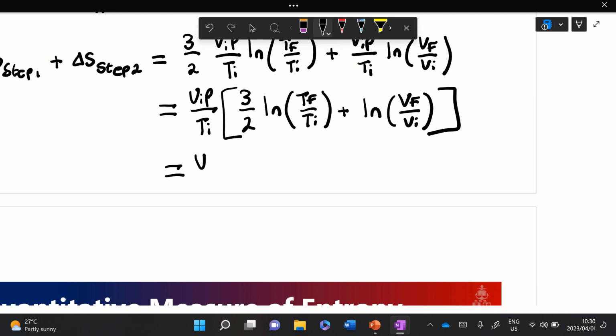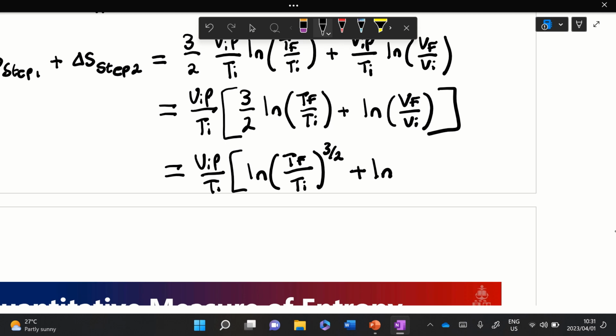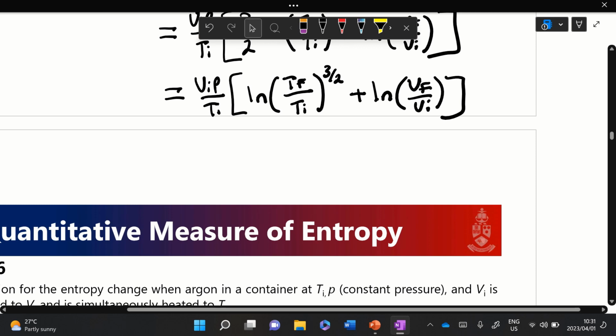So in other words, it becomes VIP over TI, then TF over TI to the power 3 over 2 plus then VF over VI. And also the sum of two logarithms is the same as the logarithm of the product of those two things in the sum.